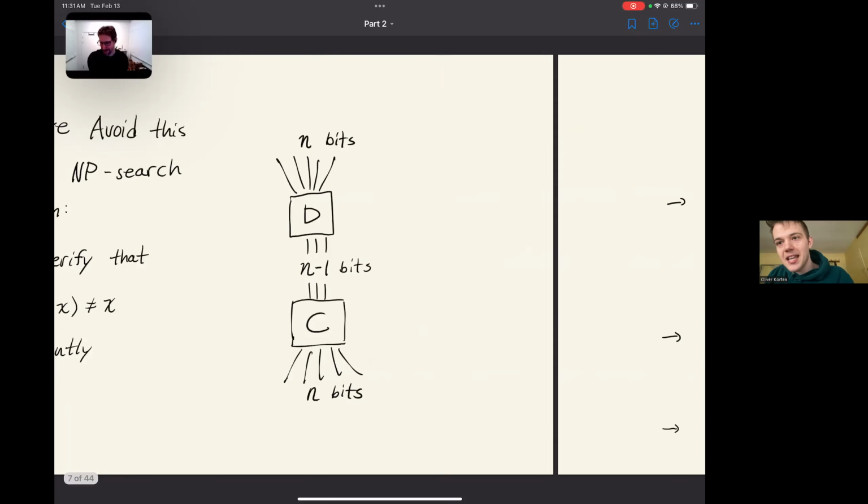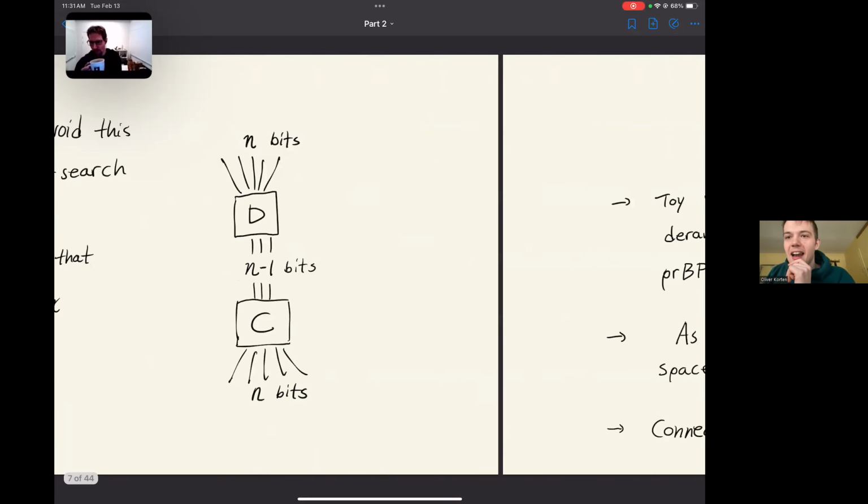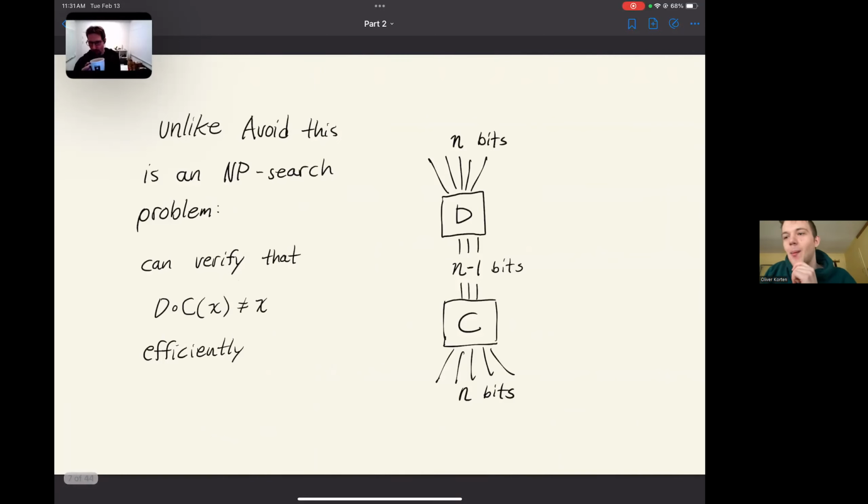What you can show, and I showed this in this paper here, based on an argument in bounded arithmetic from Paris, Wilkie, and Woods, is that you can reduce this problem of constructing a prime number to this lossy code problem. The only unfortunate situation is that the circuits C and D require a factoring oracle. This is non-trivial because factoring is not believed to be NP-complete.